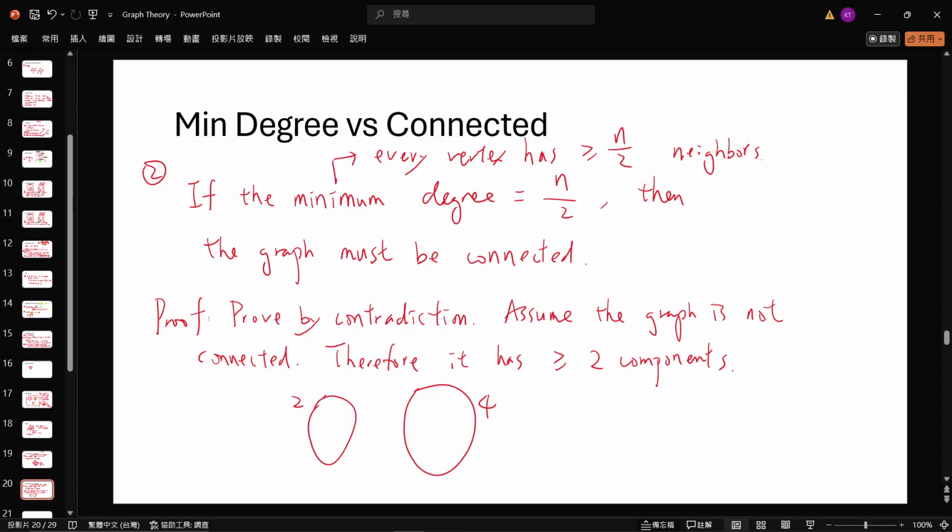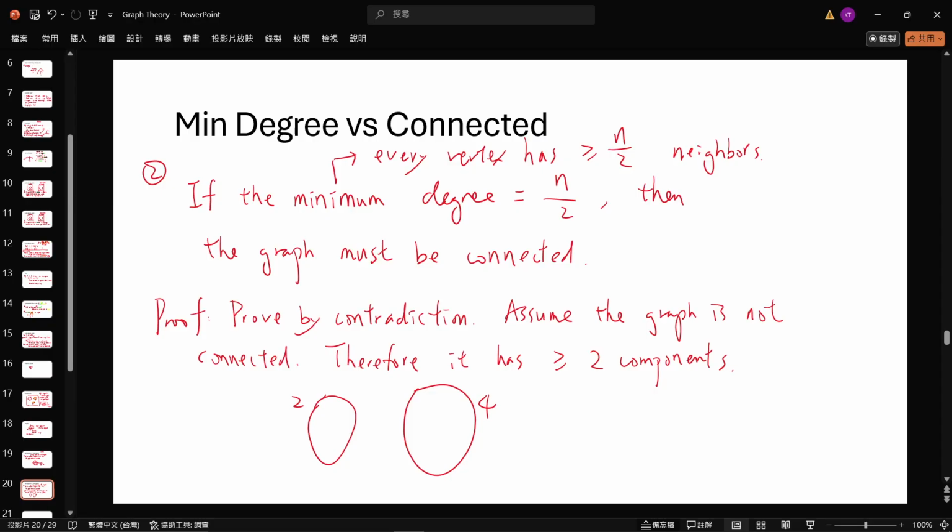So, yeah, so for this one, the minimum degree is at most 1. So this is a contradiction because here we said that the minimum degree is very high, okay? So it's at least n over 2. This is a large number. But for this one, turns out that the minimum degree is very small, right? So that's a contradiction. So that's the key idea.